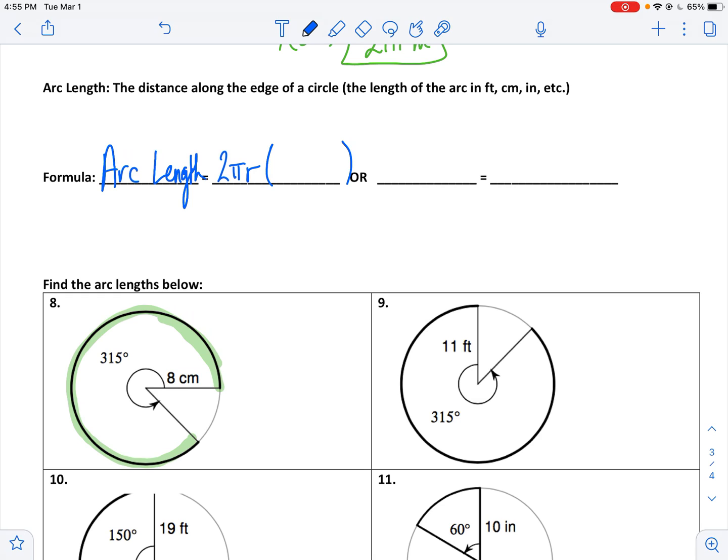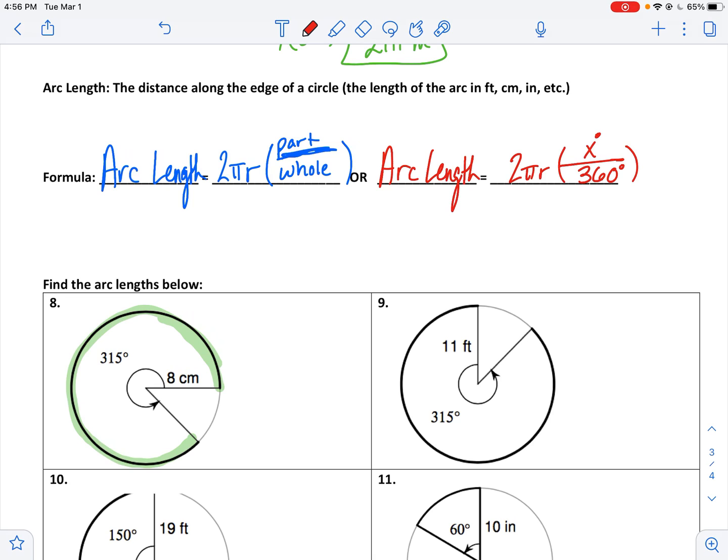Well, I want some part of the circle out of the whole. A more technical way to put this would be arc length is going to be 2 pi r times your degree measure, whatever that central angle is, over 360. The whole circle's 360. You want just part of it.